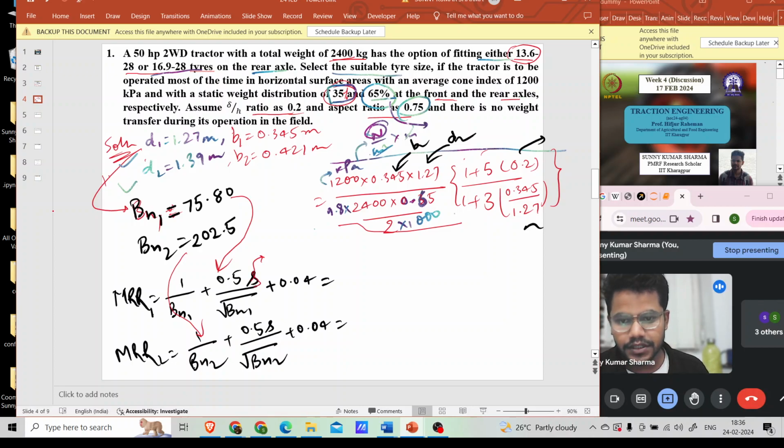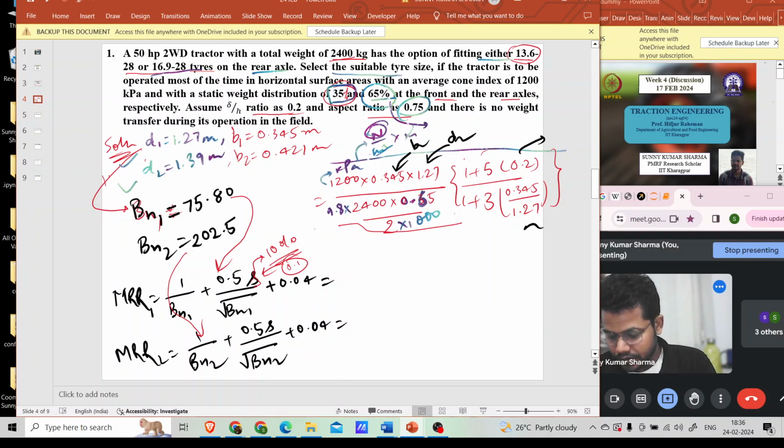As I said, slip is not given, so you can take the slip as 10% or 20%. Taking 10%, that is 0.1, do the calculation: 1 by 75.80 plus 0.5 into 0.1.